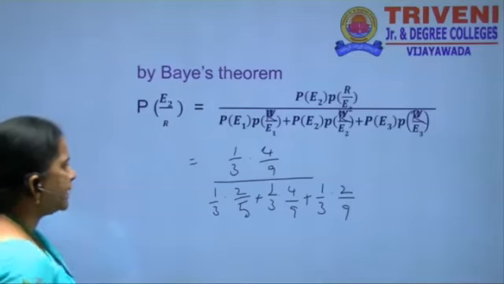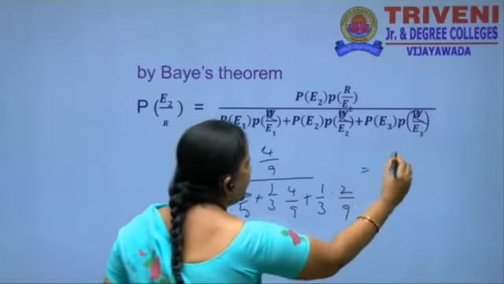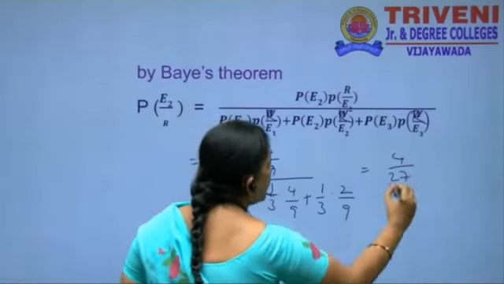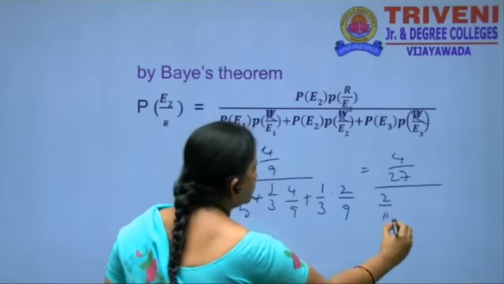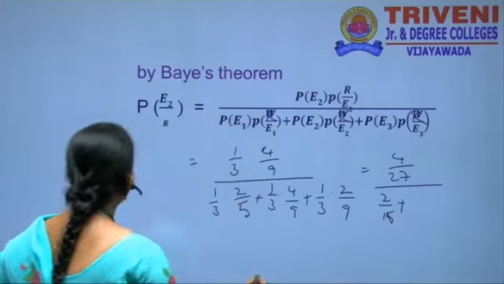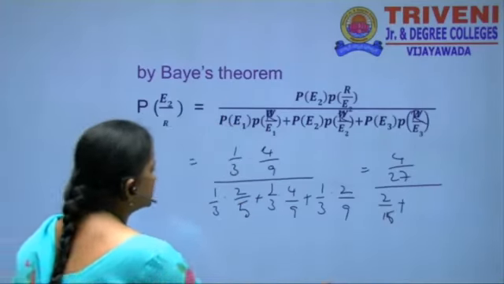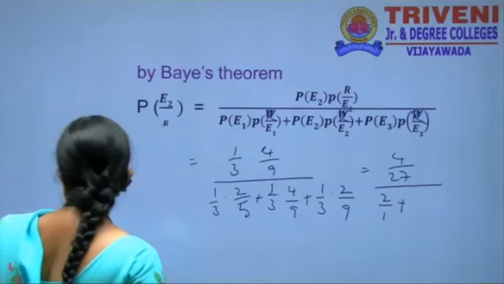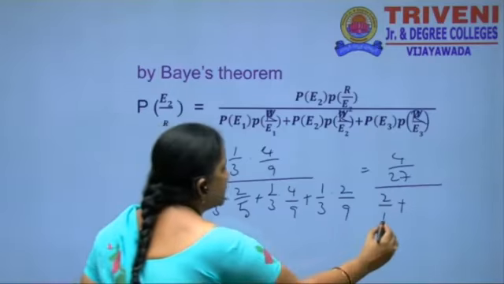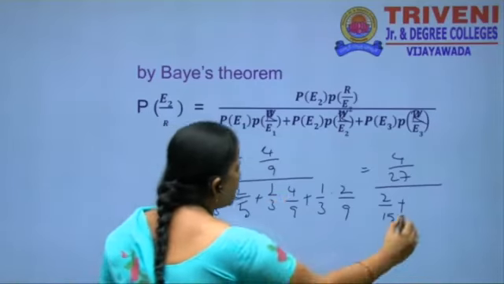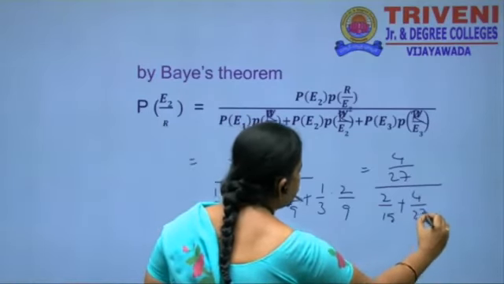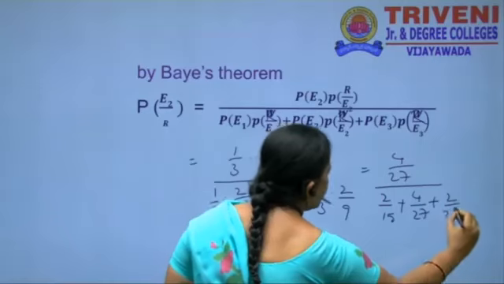Then we have to find here 4 by 20. 3 9s, 27. Here 2 into 1, 2 by 15 plus 4 into 1, 4 by 27 plus 2 by 27.